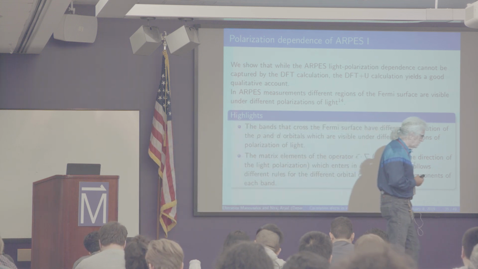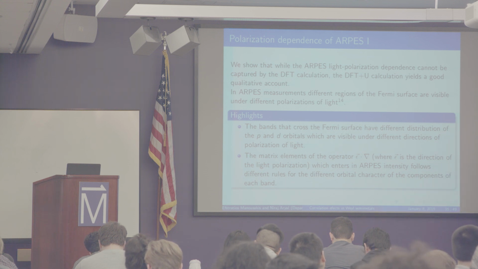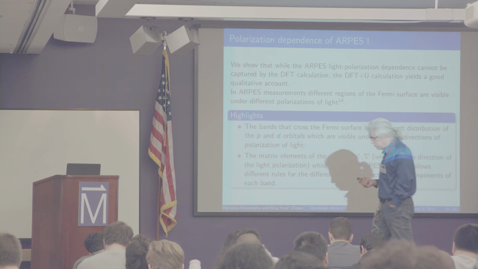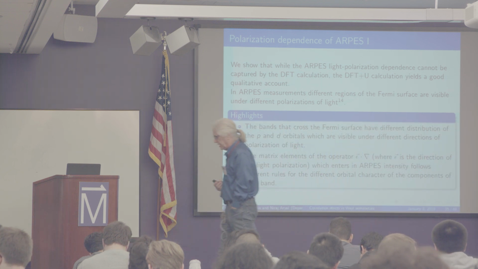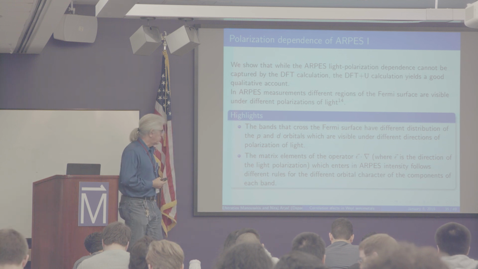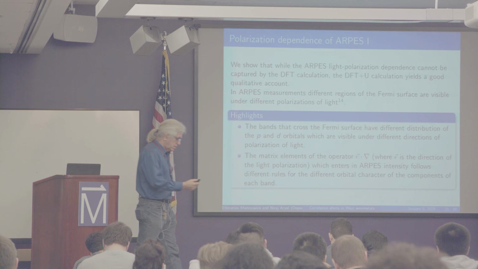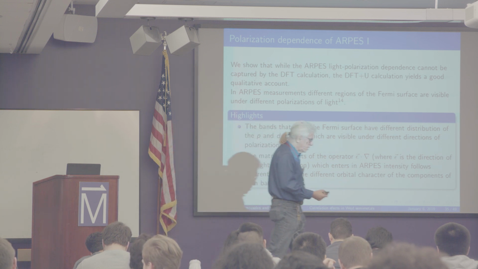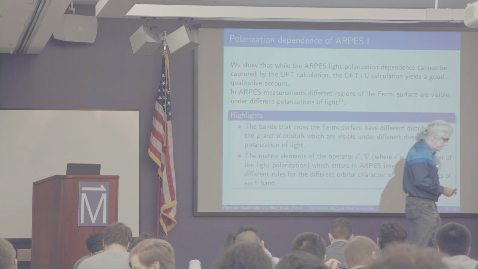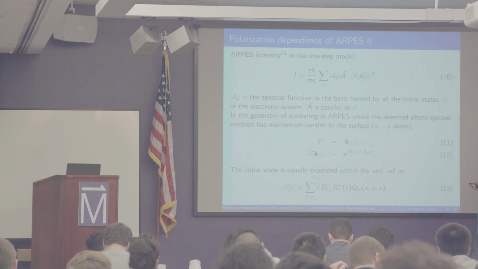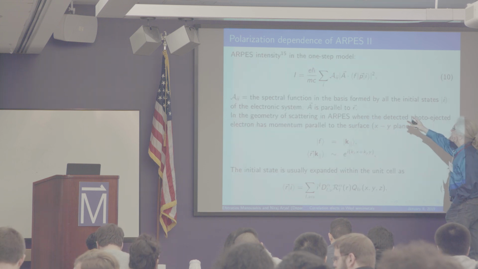So can we do a calculation with polarization dependence? The answer is no, but we can calculate which matrix elements are zero and exclude them for a given polarization of light. We can use the Wigner-Eckart theorem and say this particular orbital content is not going to contribute to this polarization of light, because of the operator that enters in the ARPES intensity.